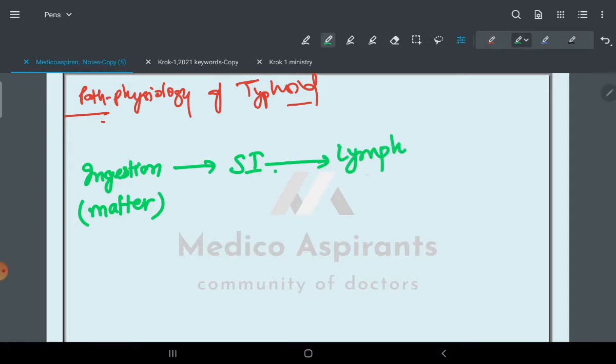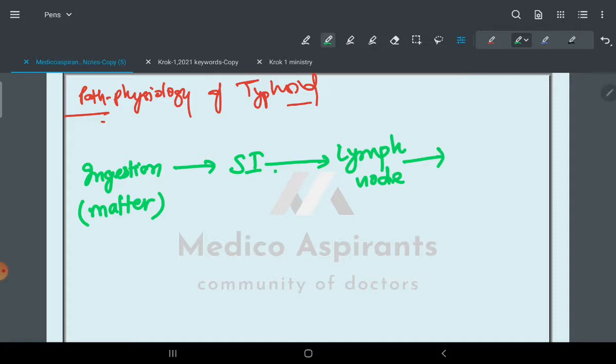It goes through the lymph to the lymph node, and in the lymph node Salmonella typhi multiply in the intestinal lymph tissue and are taken up into the enterocytes by the macrophage cells like Peyer's patches, and they cause the symptoms of diarrhea. Later, at the end of the incubation period, it goes to the onset of typhoid fever, and bacteria invade the blood.